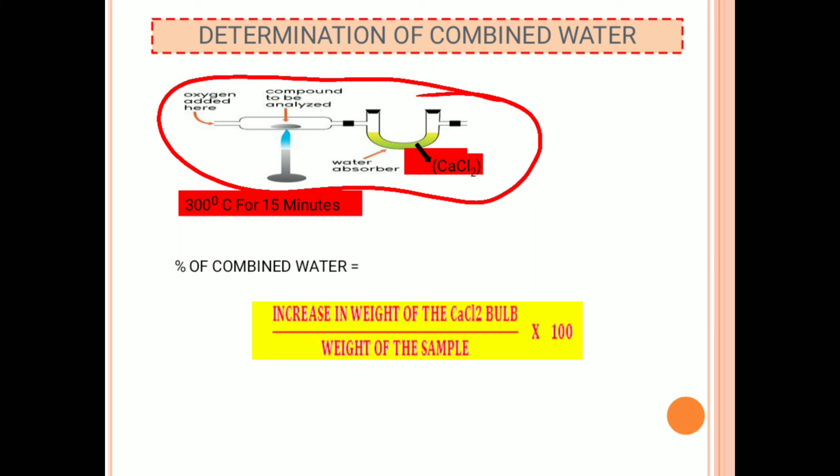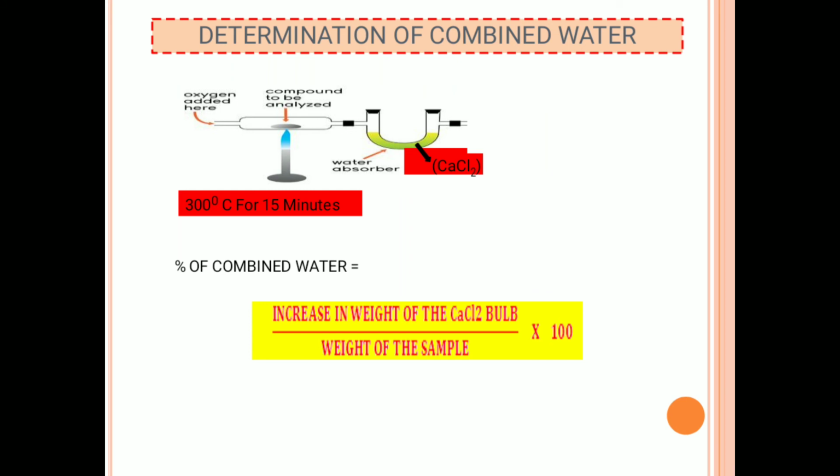Here you need to take the sample into a crucible. You need to insert it in a combustion tube which contains two openings.